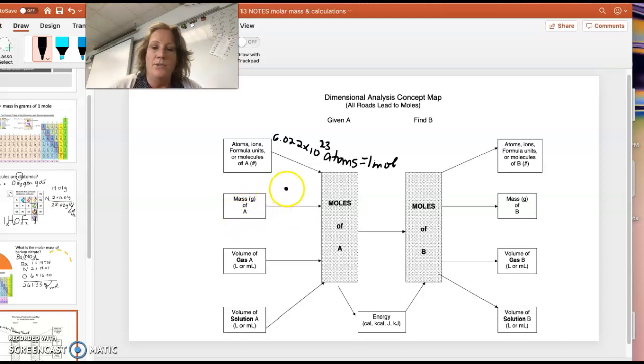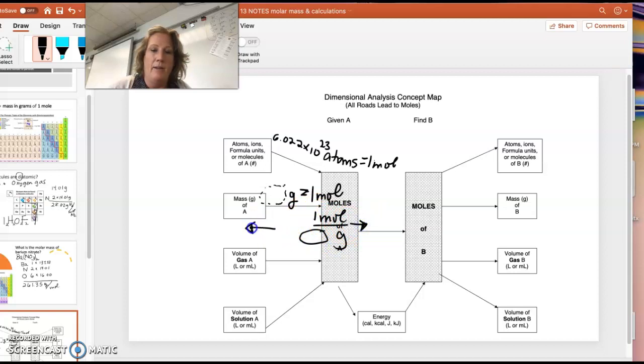So we would use whatever value we calculate, that there's that many grams in a mole. And then I can write a conversion. If I'm going towards mole, it would be 1 mole over those grams. If I come back this way, it's going to be grams over 1 mole. So that hasn't changed. I just wanted to remind you of that.